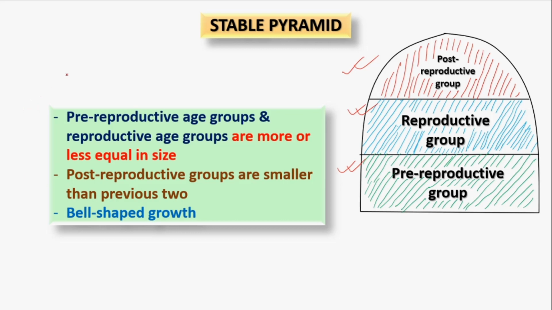That means we can write this as: pre-reproductive is almost equal to reproductive, but the post-reproductive group is smaller than the previous two. Here the birth rate is lower than in the expanding pyramid, and this kind of pyramid shows a bell-shaped growth curve.